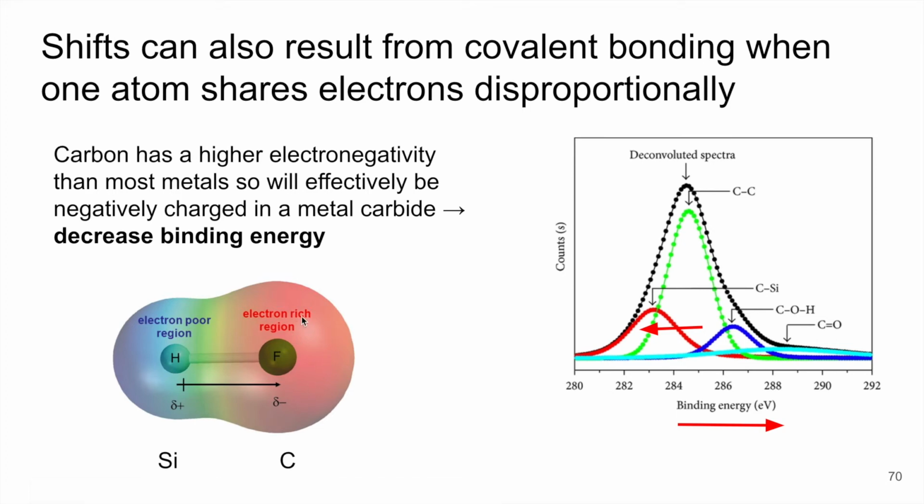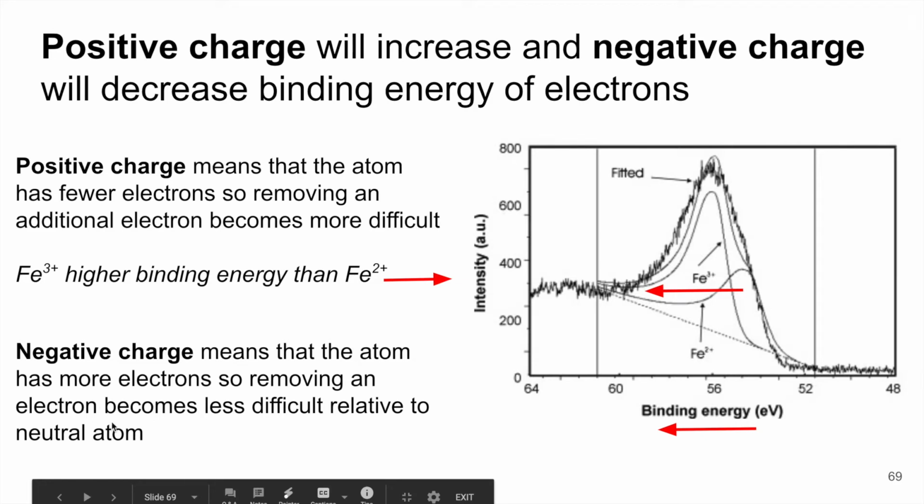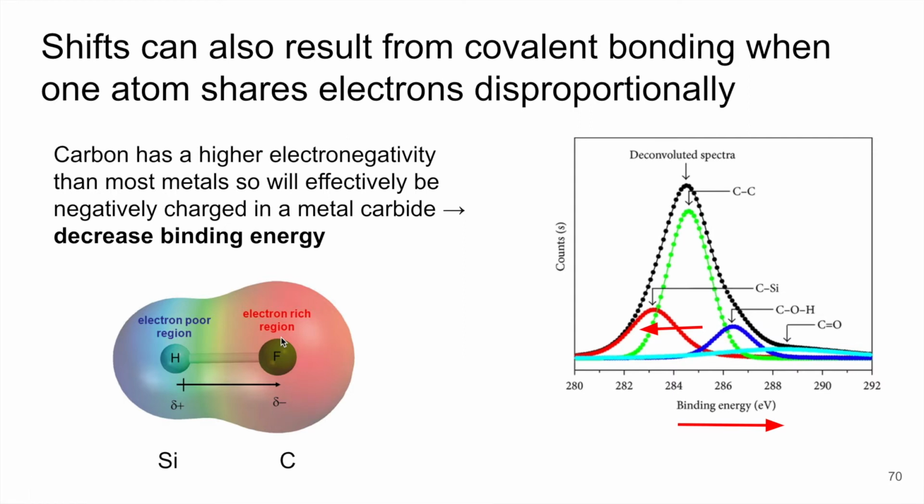It's more electron rich. And so in those cases, it's easier to remove one electron, because you can think of this as effectively negatively charged. And as we just saw, negatively charged decreases the binding energy.